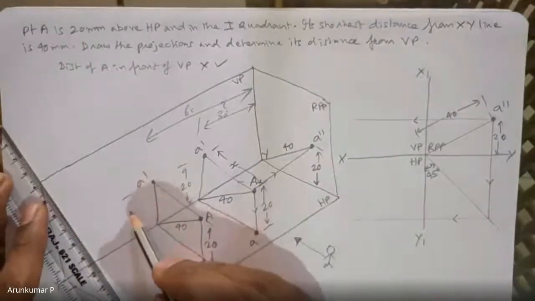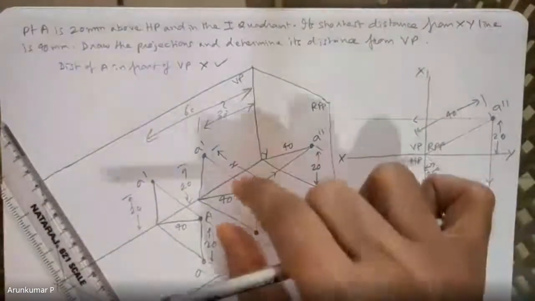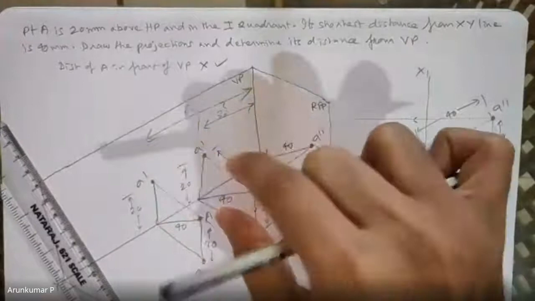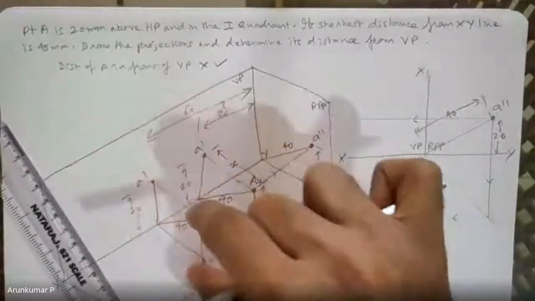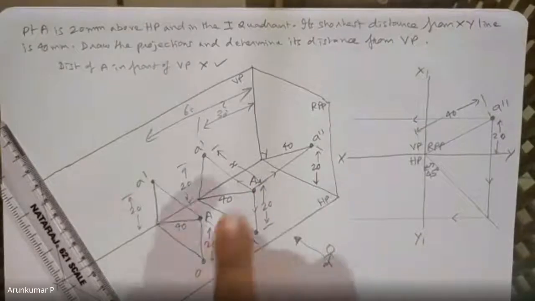This is also 20. So whatever I've drawn here at some X distance or 30 distance, I've drawn at 60 distance. Are these the same, or are these different?